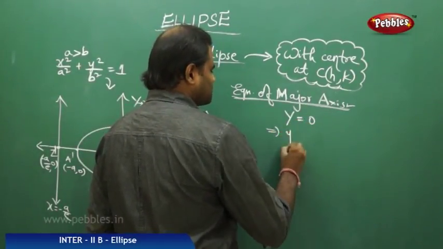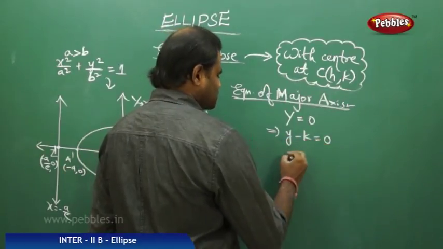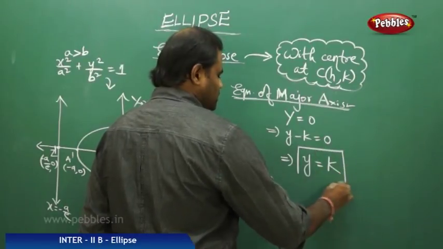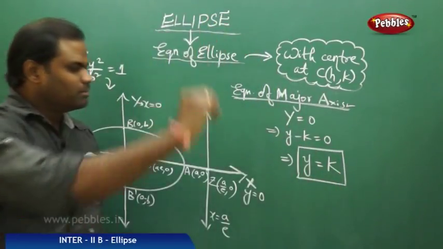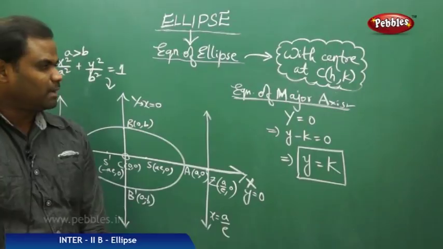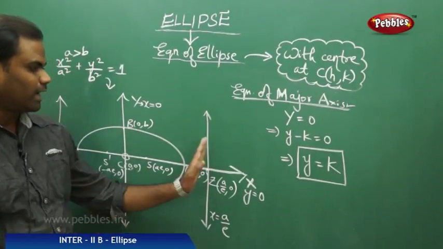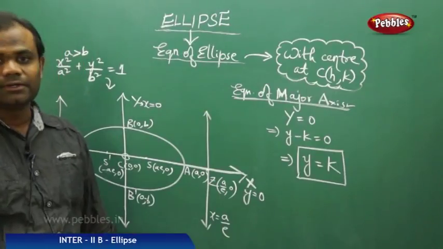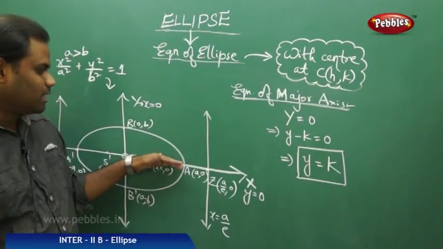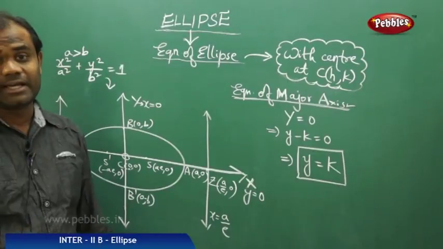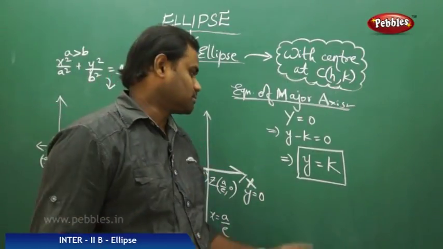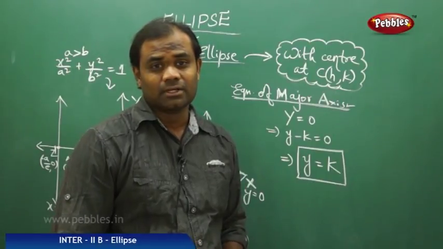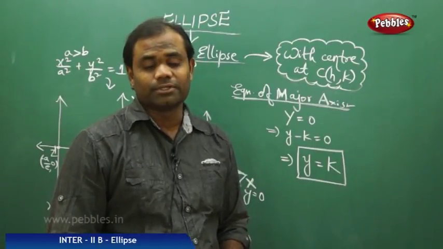That implies y minus k equal to 0, and that implies y equal to k. So the major axis is a line parallel to the x-axis and a distance of k units from it. So y equal to k is the equation of the major axis for the new transformed equation.